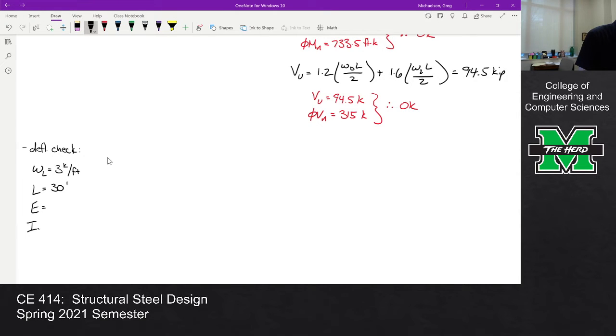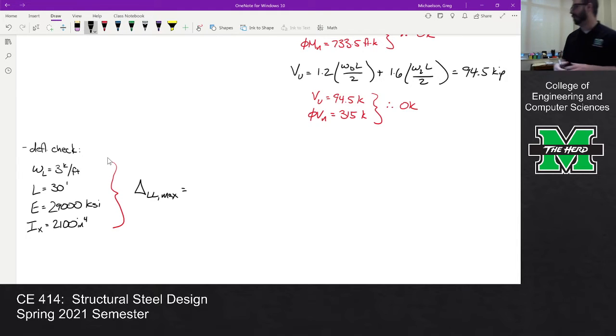Somebody's going to tell me what that is. And this is 2,100 inches to the 4th. There we go. 29,000 KSI. And so with all of this, I can determine the maximum live load deflection. And does anybody know that formula? Or where to find it?